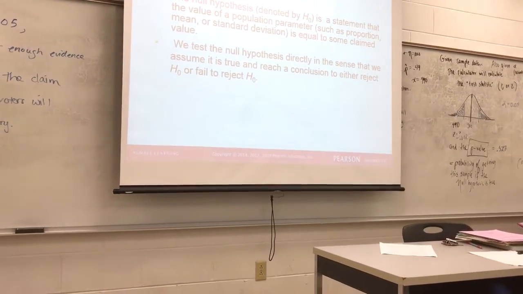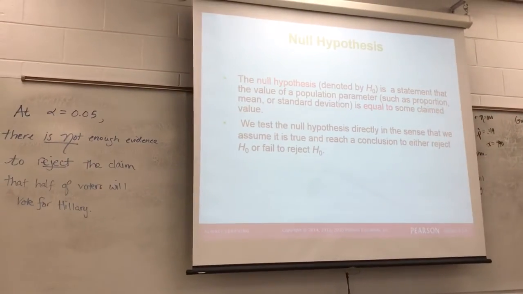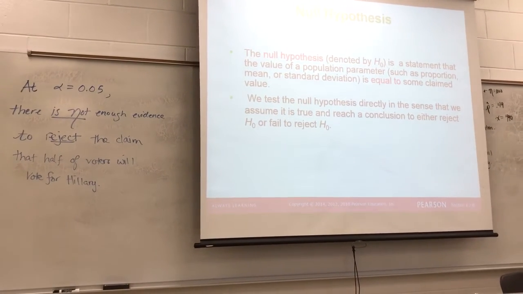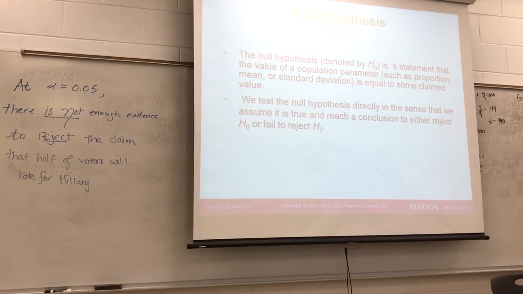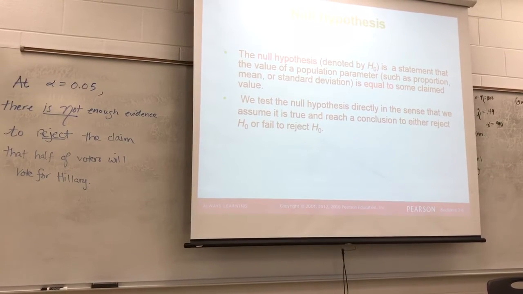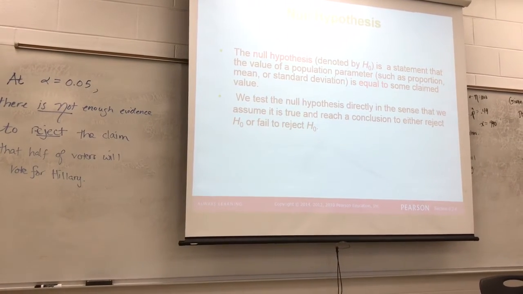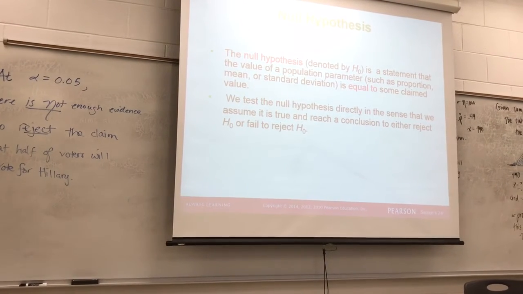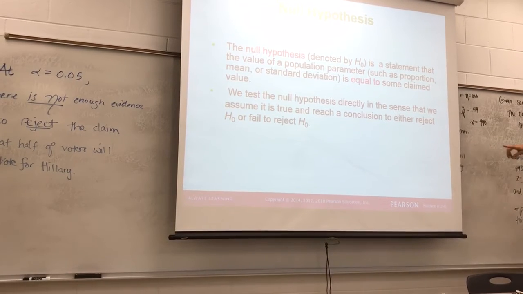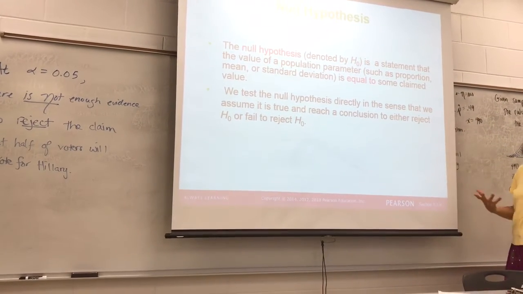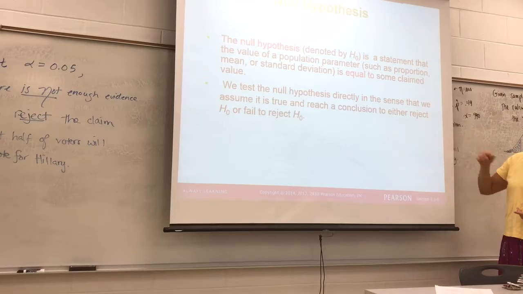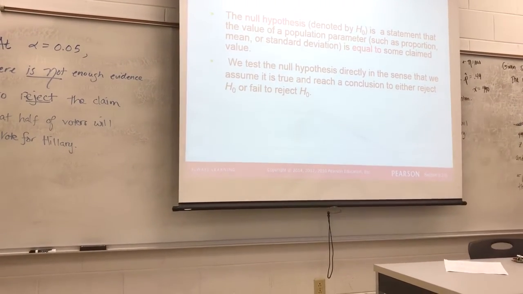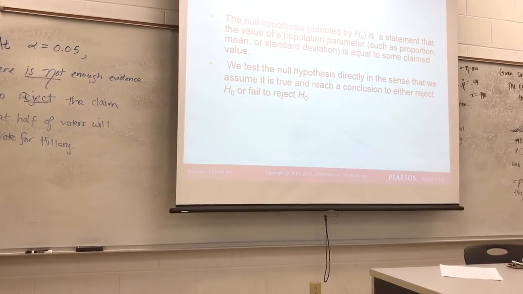The null hypothesis, again, H sub 0 is always that the parameter, either P or mu, we're not gonna do standard deviation claims, is equal to some value. It's gotta give us that baseline value for the center of the distribution and the calculation of the p-value. So, in a sense, we're really testing the null hypothesis, whether that's our claim or not, to see whether we should reject it or whether we can't reject it because it's not too unlikely.